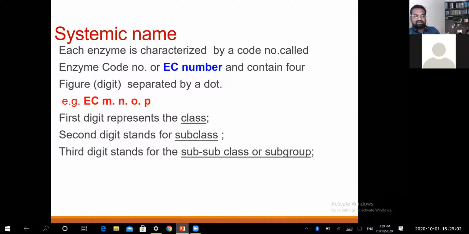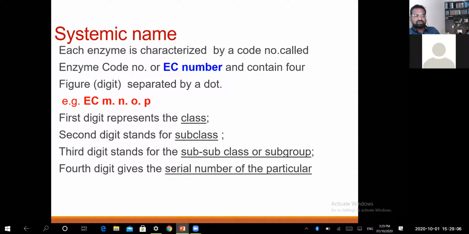Similarly, the third digit stands for the sub-subclass or subgroup of that enzyme molecule. And the fourth digit gives the actual identity of that enzyme molecule, that is referred to as the serial number of the particular enzyme, depicted by this P in the enzyme commission number.